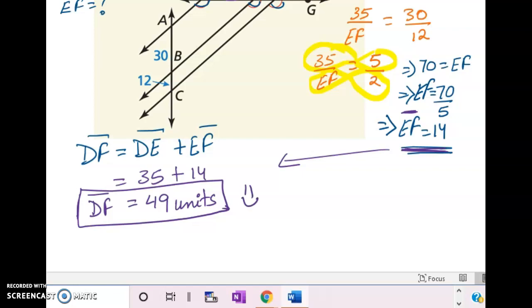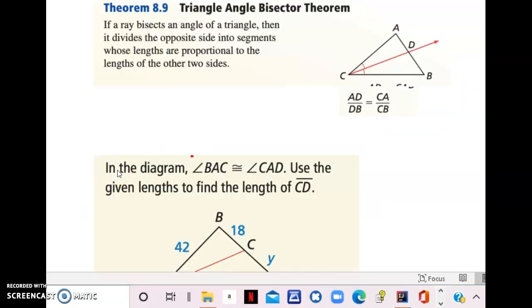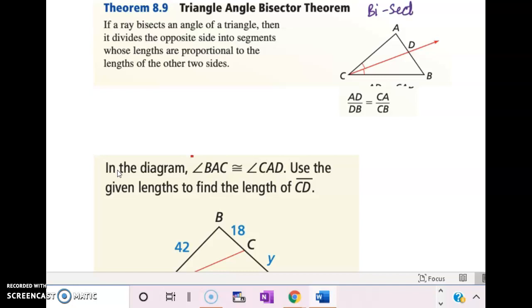Here we go. Okay, so the last theorem that we will discuss today is the triangle angle bisector theorem. If any ray bisects an angle of a triangle, in this case this ray CD is bisecting, bisecting means it makes 2 equal parts, right?